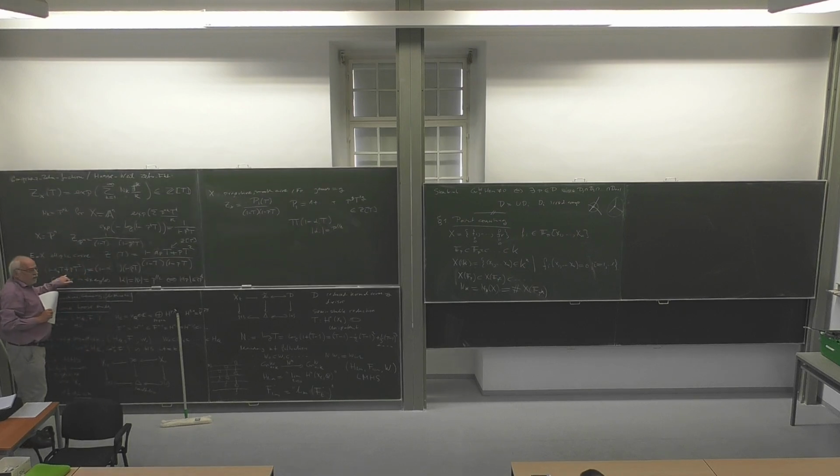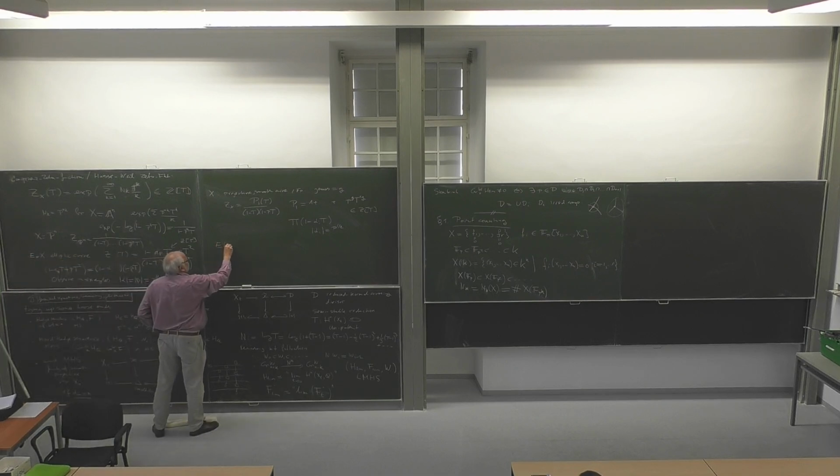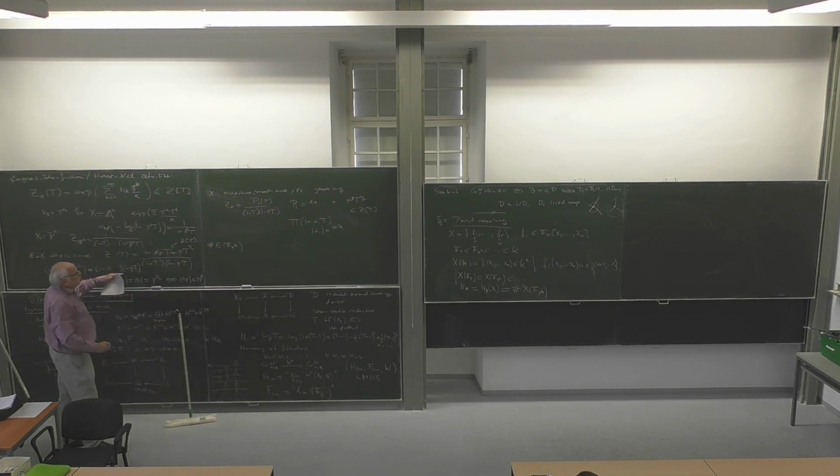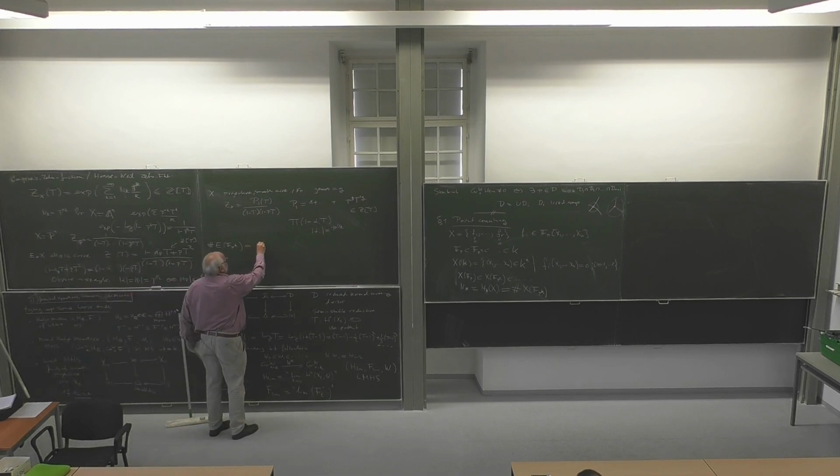Let me remark one thing, that for an elliptic curve, this formula with the zeta function implies the following, that the number of points N_1 determines the rest.